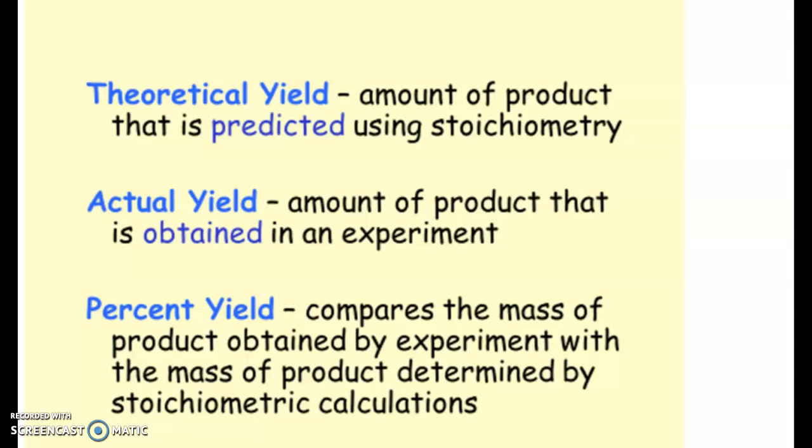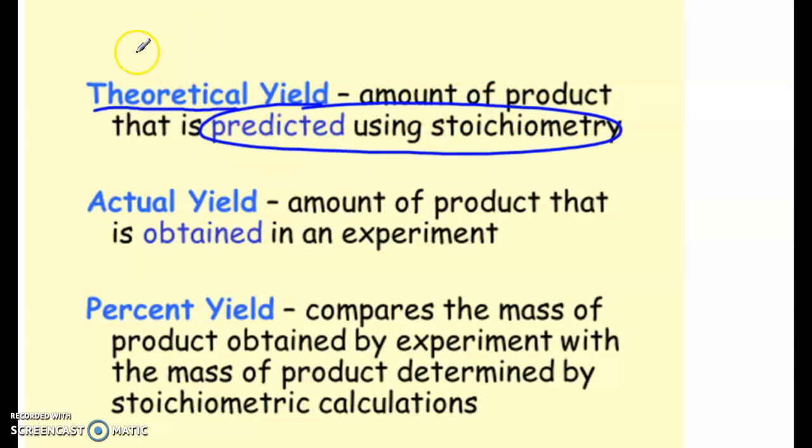Okay, so some terminologies, I've mentioned already a few of these. So theoretical yield is the amount of product that is determined through stoichiometry. Okay, so in other words, this is what we are going to calculate from our calculator. How much should we have gotten? So how much product should be made?